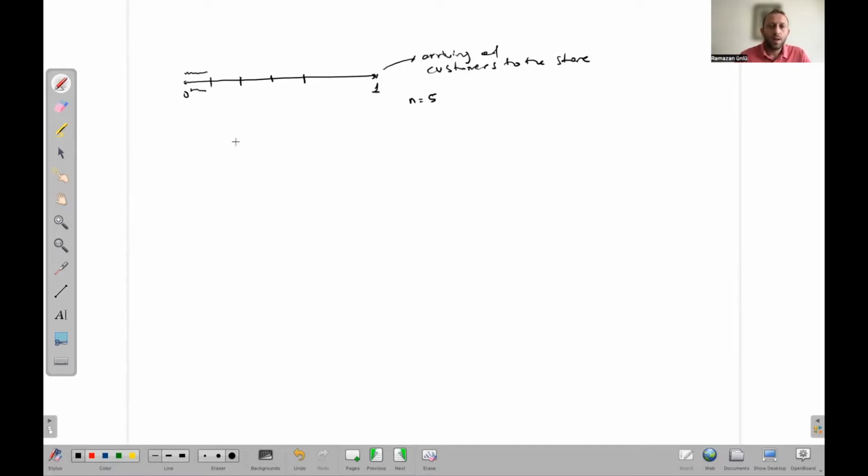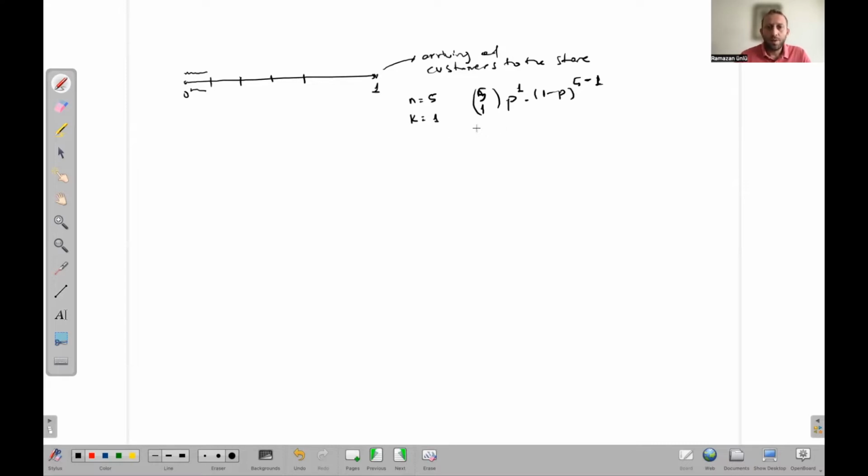For a specific number of customers, let's say 1, the arrival of a customer is a success, otherwise a failure. So I can solve this as 5 choose 1, times the probability of success to the 1, times the probability of failure to the 5 minus 1.